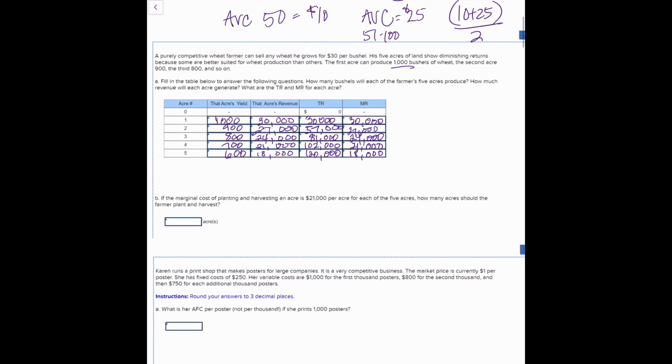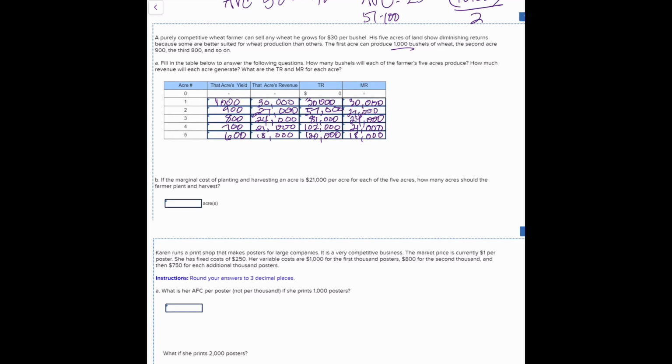So we've got that information, and part B says if the marginal cost of planting and harvesting an acre is $21,000 per acre, for each of the 5 acres, how many acres should the farmer plant and harvest? So if you remember, our profit maximizing output decision is where marginal revenue is equal to marginal cost.